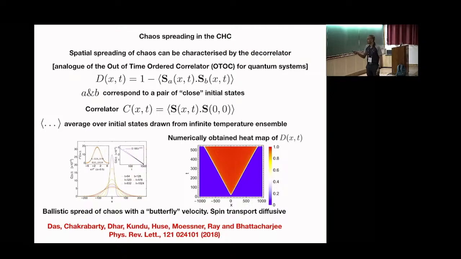You have this red and blue region separated by a ballistically propagating front, with a large difference in the spin configurations within the red region and a small difference outside it. In fact, you have an exponential fall off of this decorrelator as you go across this front, from which you can extract a Lyapunov exponent, as I'll show you later.